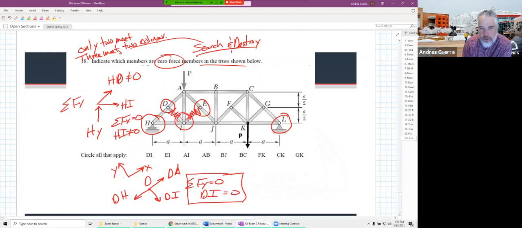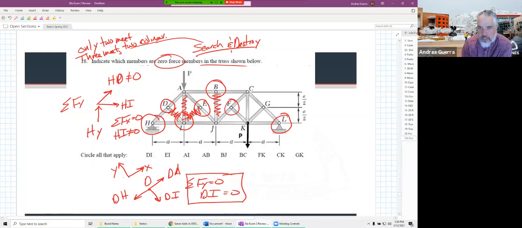And so at I, we will also find that that is equal to 0 based on the same FBD idea, where we sum forces in one of the directions and it's explicitly going to tell us it's equal to 0. And then B, that also meets our search criteria. So then this one goes away because of equilibrium at that point.